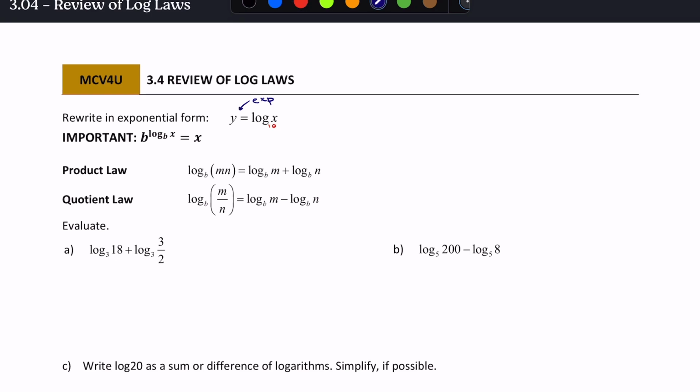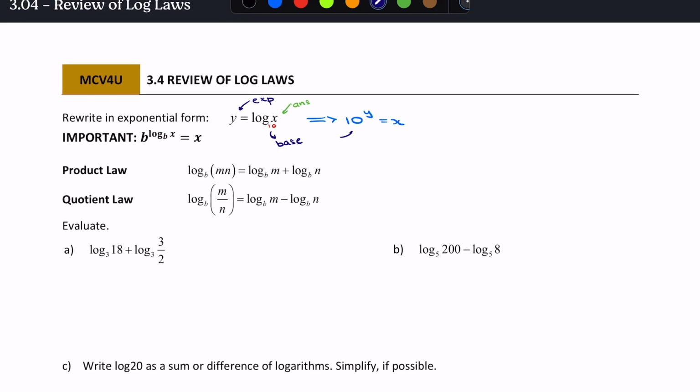So here we'll write that this is the base, and whatever is on the other side of the log is going to be our answer. So if we rewrite this as an exponent, the base is 10 to the exponent, which here would be y, is equal to x.